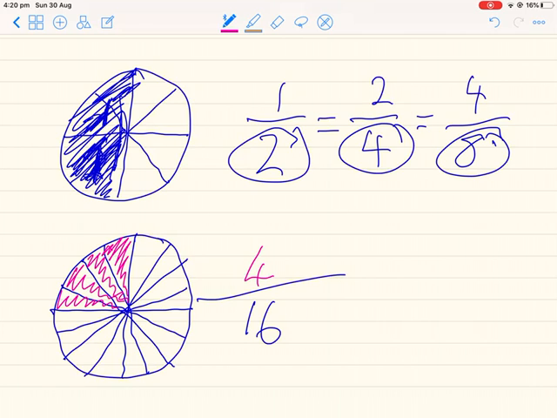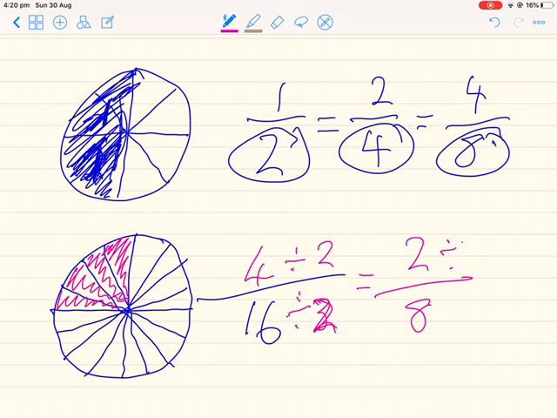What I can do here is an easy way sometimes, but a longer way, is that I divide both of these by 2. Whatever you do to the top, you've got to be able to do to the bottom. Okay, so 4 divided by 2 equals 2. 16 divided by 2 equals 8.